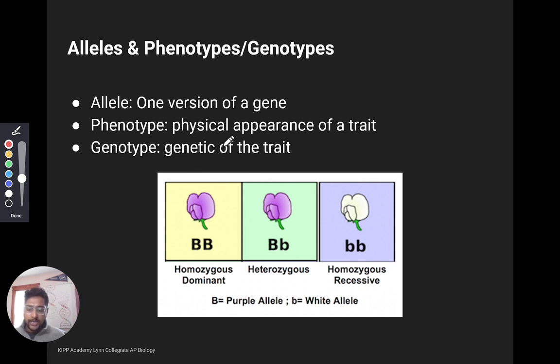The genotype, however, is the combination of alleles, or the genetics of the trait, or of the organism. So what I mean by that is, here you can see that the genotype is capital B, capital B, and you still get a purple flower. Here you see capital B, lowercase b, and you get a purple flower.